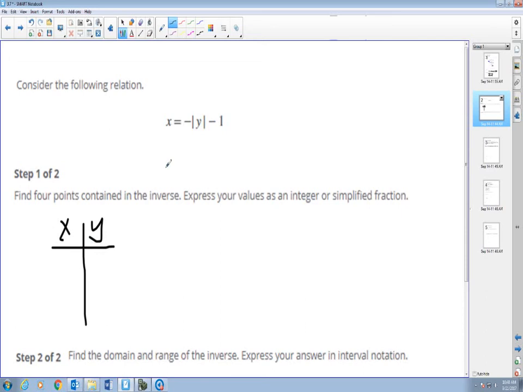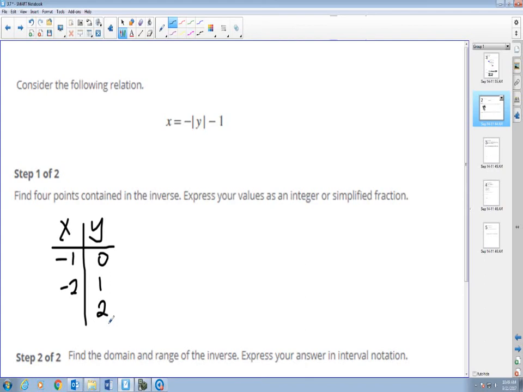This thing says x equals, so it's easier to pick a number for y. If I pick 0 for y, absolute value of 0 is 0, negative 0 is still 0, 0 minus 1 is -1 for x. If I pick y equal to 1, absolute value of 1 is 1. The negative sign is still in front, making it -1. -1 minus 1 is -2.